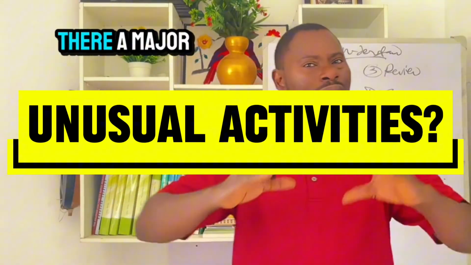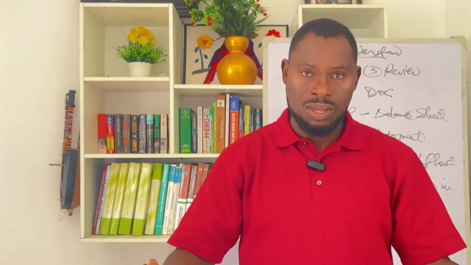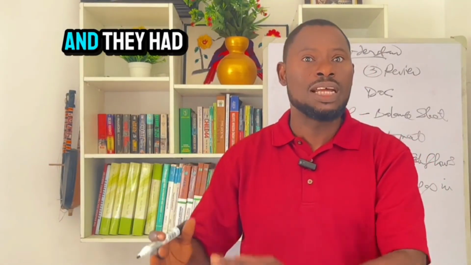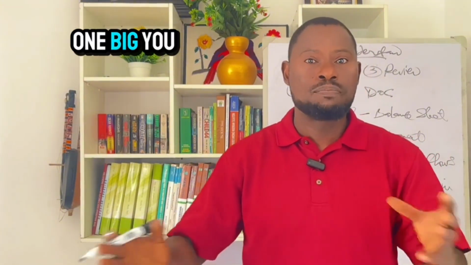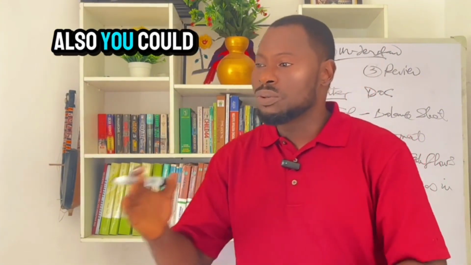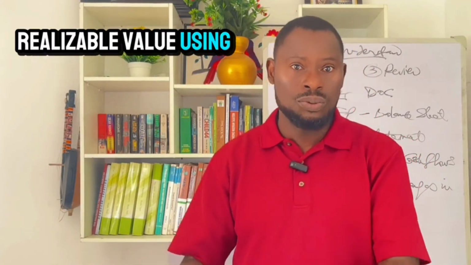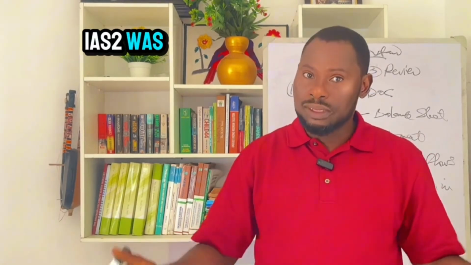And then you also look at unusual activity. Was there a merger? Was there a huge write-down? Was there something like an impairment loss, and they had to recognize one big impairment loss? Also, you could talk about a write-down to net realizable value using IAS 2. Did that happen?